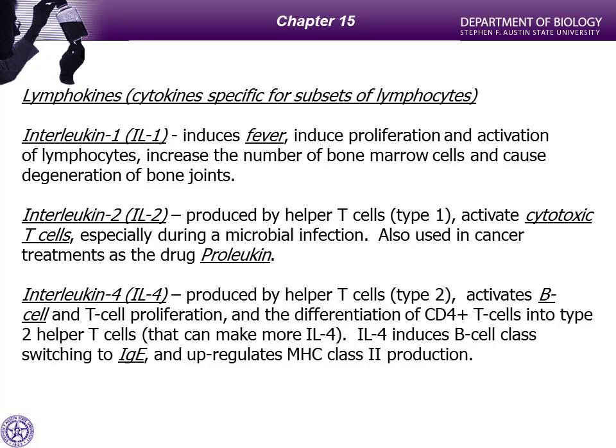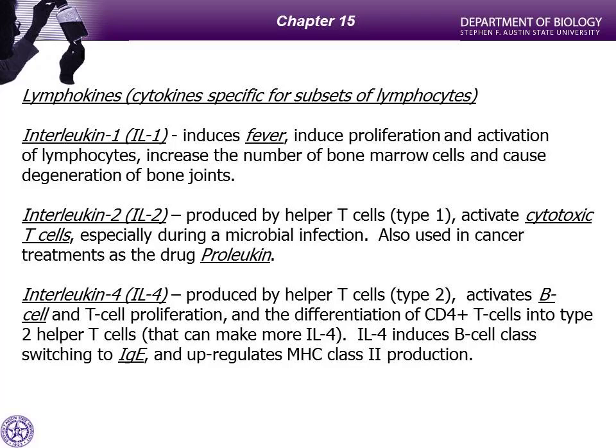Interleukin-1, this is going to be a principal cytokine that induces fever. Now remember, all those positive things we said happens to your immune cells when you increase the temperature. Well, that's what we're doing. We're increasing our temperature. Remember, fever was part of the innate immune system, but in this case, it's enhancing T cells as well.